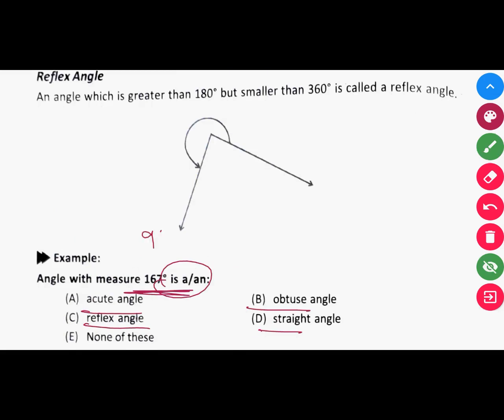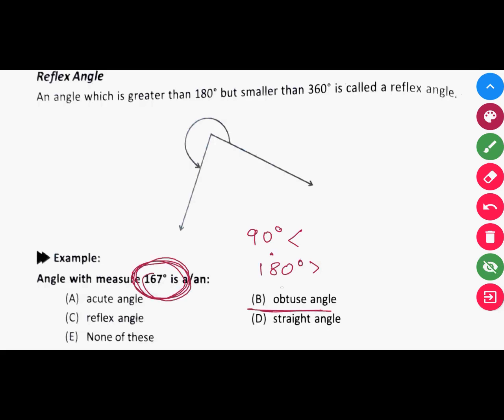If the angle is greater than 90 degree but lesser than 180 degree, then it is obtuse angle. And here the angle is of 167 degree, which is greater than 90 but lesser than 180, so it is an example of obtuse angle.